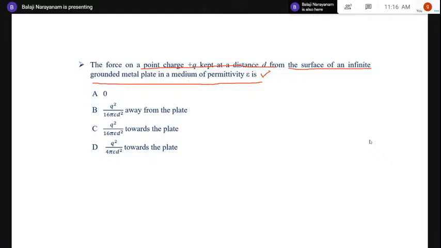So the prior knowledge required for solving such problem is method of images and boundary conditions. Okay, this is a little bit tough question, but we will try to understand it in an easier manner.